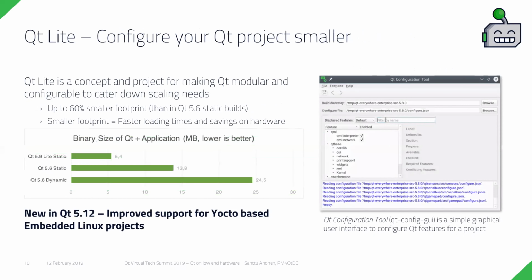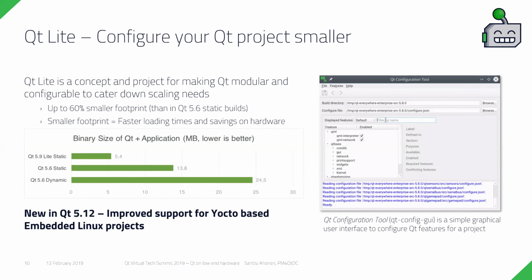We do have this concept that we have been promoting, if you have been reading the Qt blogs, which is Qt Lite. Qt Lite for us is a concept and a project name that we use when we are talking about making Qt modular and fitting into smaller devices. By that definition, the MCU work also falls under the Qt Lite work.